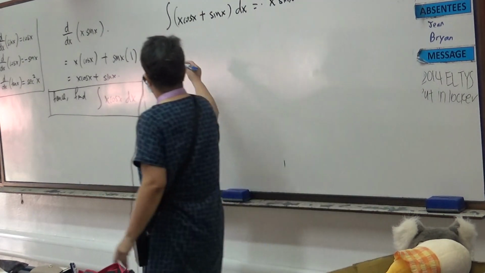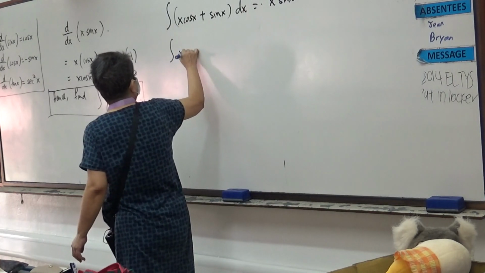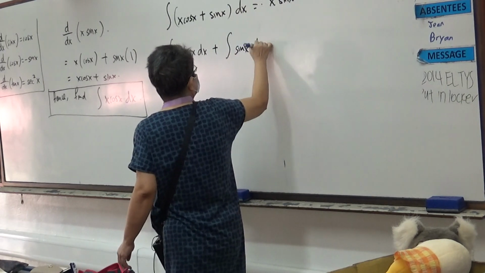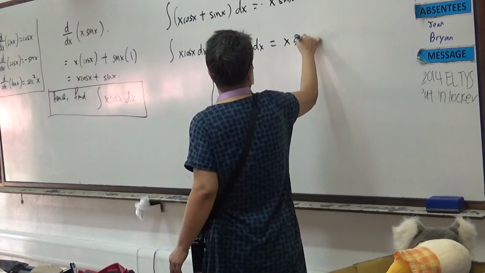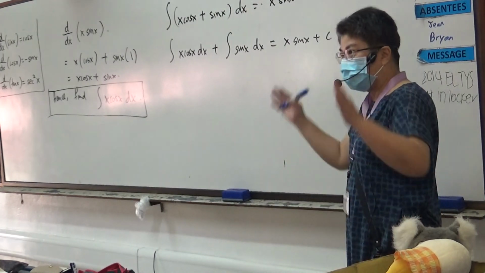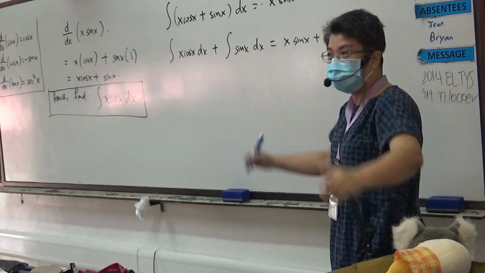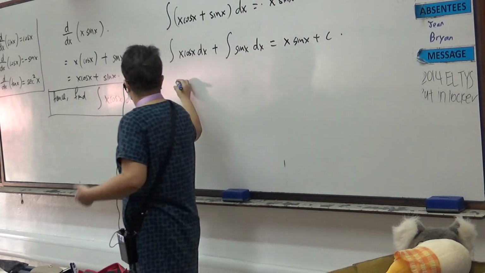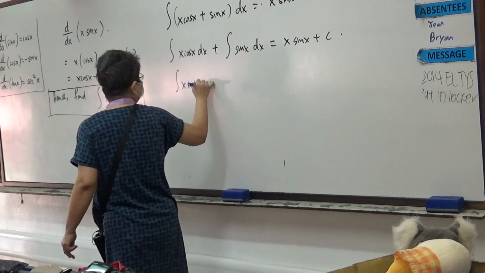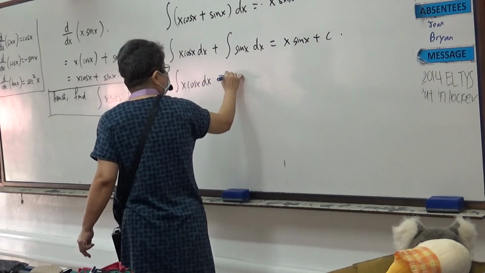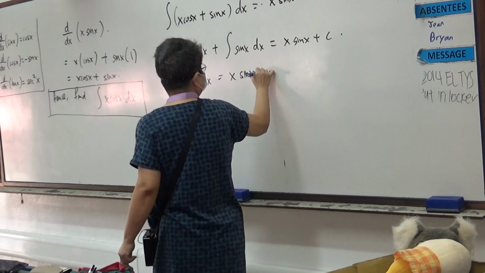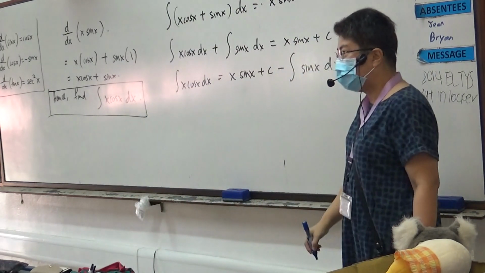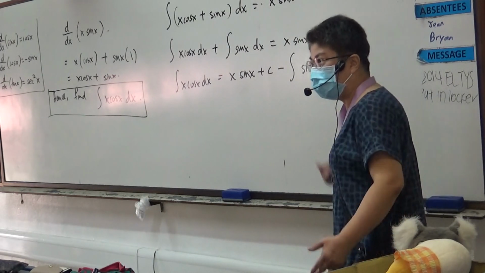That means I integrate x cosine x dx plus integrate sine x dx will be x sine x plus C. I can integrate the functions separately. Now, this one is what we want to find, so this one will remain here. x sine x plus C minus the integration of this, right? Can you see I'm doing some algebra here? I bring it to the other side.